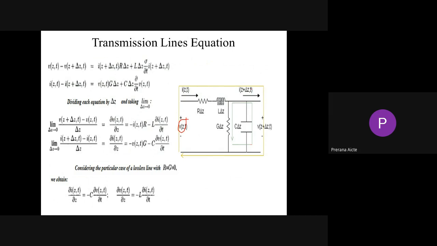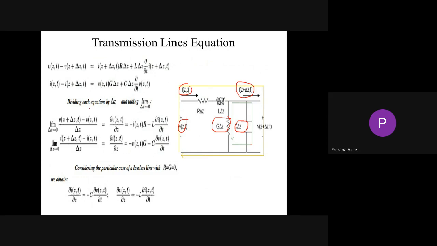Now, while applying the Kirchhoff current law, this current minus this current is equal to V of Z of t into this parallel combination, plus C into del of Z into dou by dou t of V of Z of t.